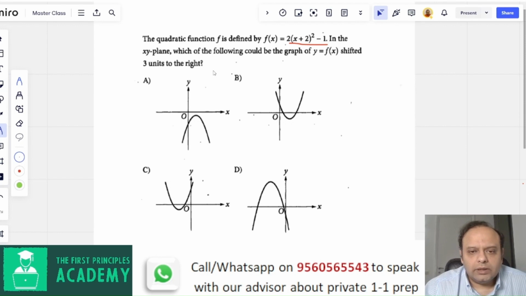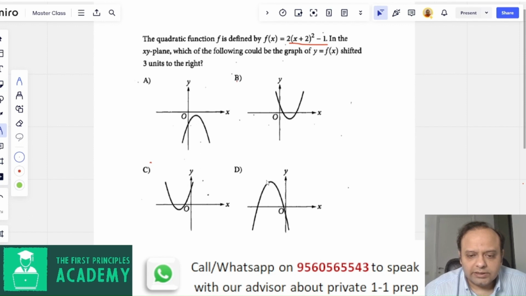Now let's just recap some of the concepts so that we are very sure what this is talking about. Some of the things that you see from the options, 2 of the graphs are opening upwards, these two, B and C, and 2 of the graphs are opening downwards. Okay, and you see where the vertex lies, in which quadrant. So these two vertices seem similar.